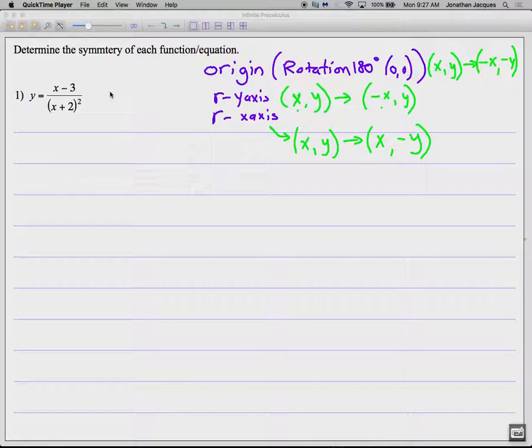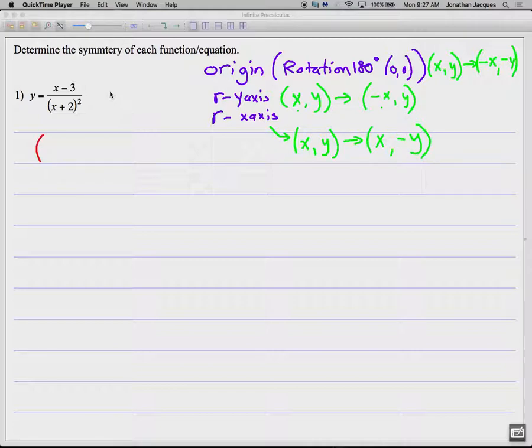So I'm going to pick a value for x to plug in. In this case, I can't plug in -2, and I can't plug in +3, for a couple of different reasons. I can't plug in -2 because the function is not defined there, and I can't plug in +3 because the value of the function would be 0, and 0 has no sign, so checking to see if I'm getting out opposites doesn't really work.